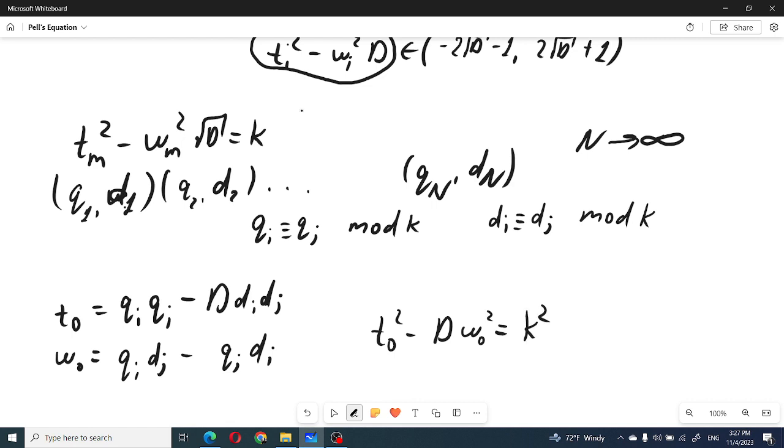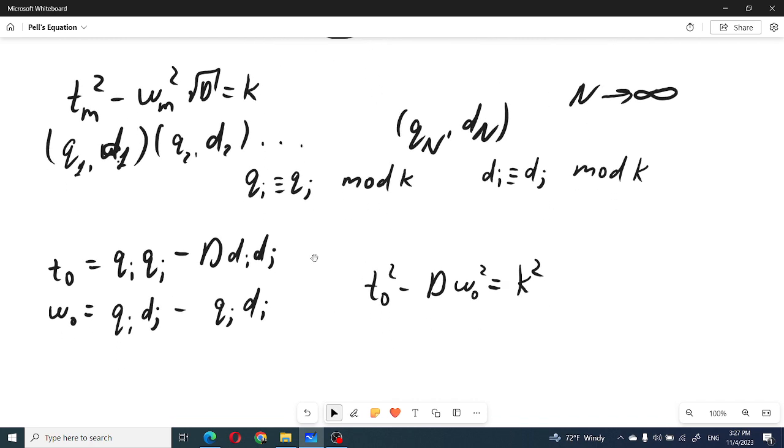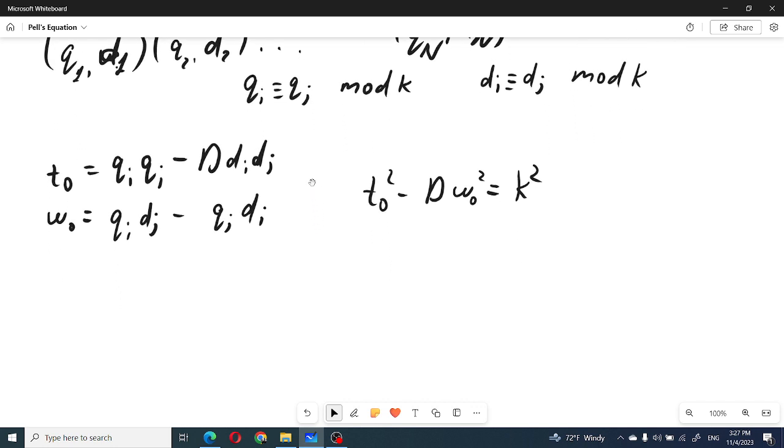Now we need to look at these numbers, t0 and w0. We will show that both of these numbers must be divisible by k. And if this is correct, we can divide both of these numbers, t0 and w0, by k, and we get 1. Now let's see. t0 equals qi times qj minus d times di times dj.